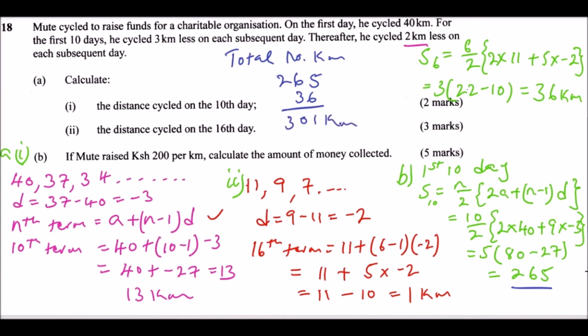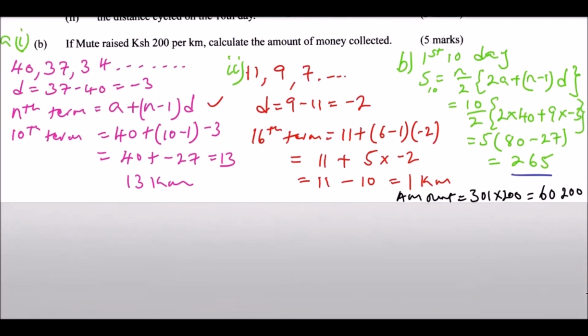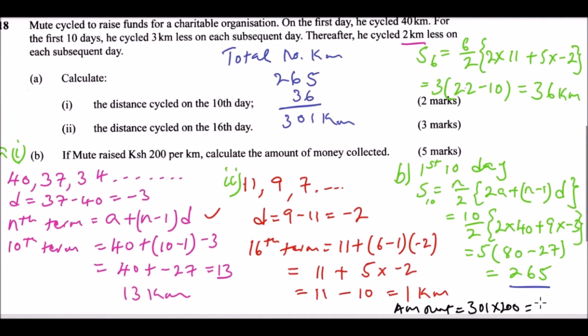Therefore the amount raised is 301 multiplied by 200, and you get that he was able to raise 60,200. That is the total amount, 60,200 Kenyan shillings.